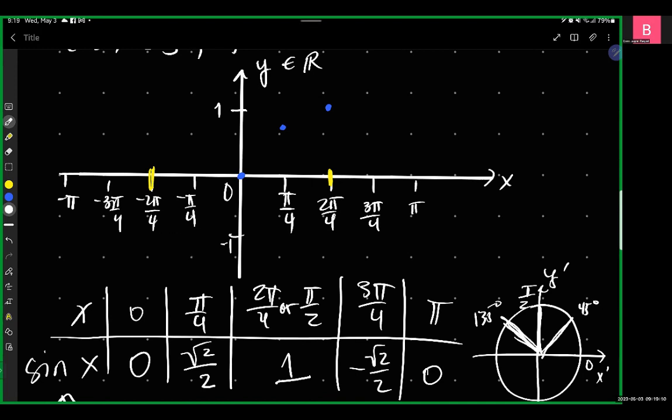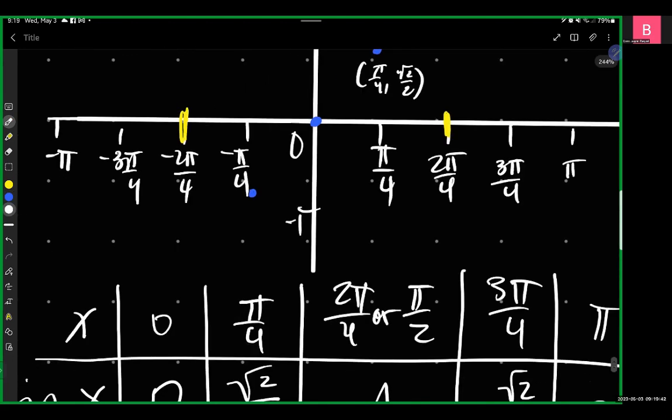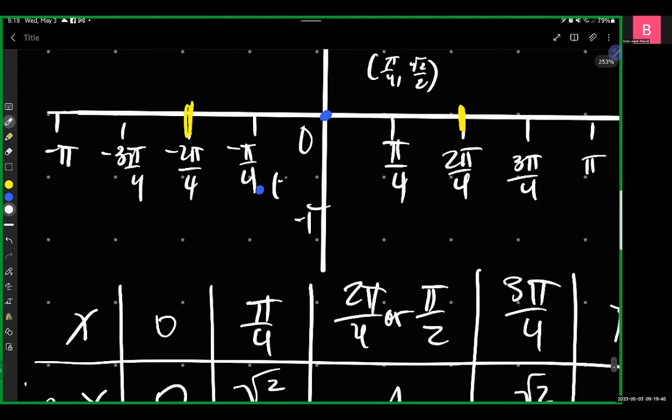For the negative value, this is square root of 2 over 2 at pi over 4, and this is pi over 2, comma 1. When you change the x values to negative values, you find the values are negative: negative square root of 2 over 2 at negative pi over 4.